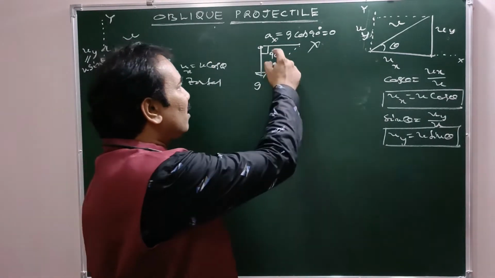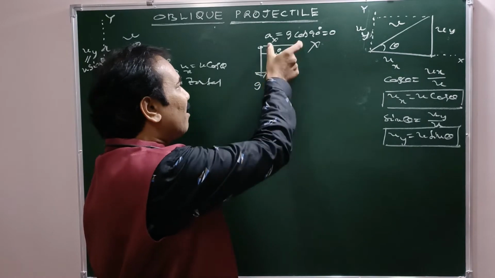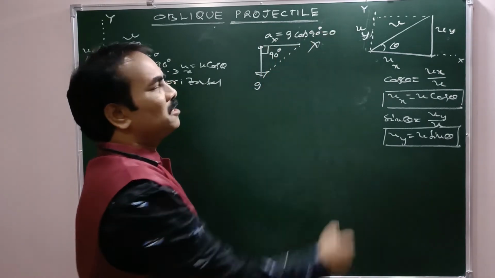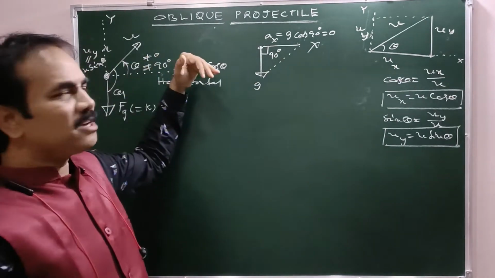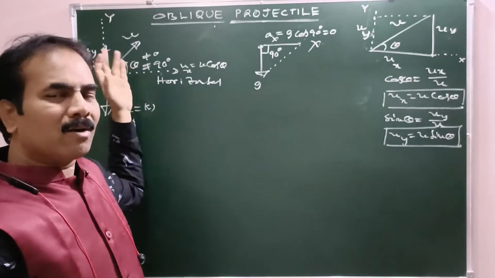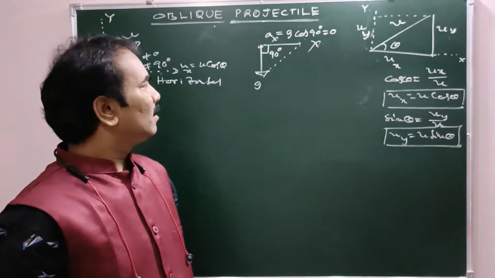Why? Because this is a direction of 90 degrees. So ax equal to 0. Along horizontal, the projected body finds no component of g.